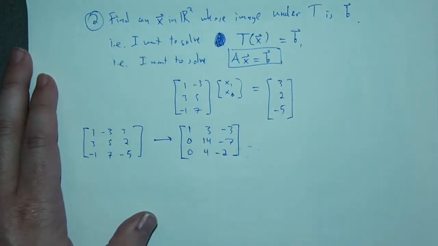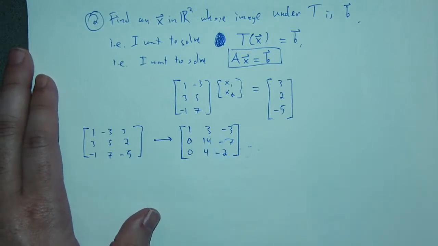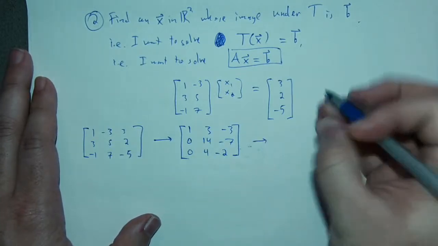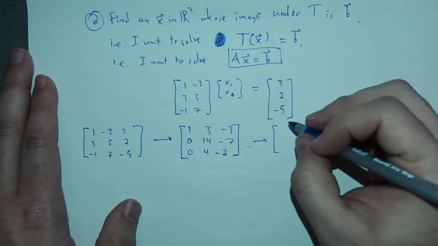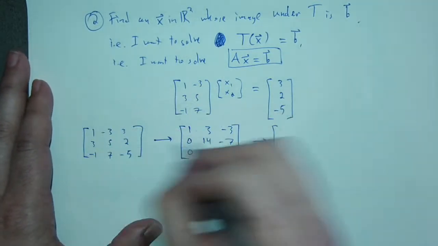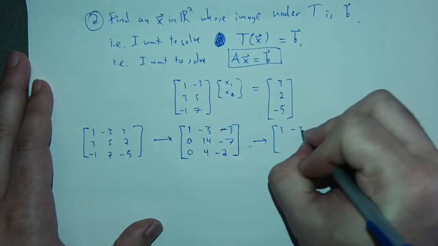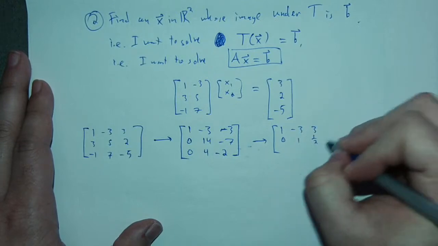Okay. All right. So now dividing by 14 in the second, and then using that to zero out what's below it, I get, there's a minus 3 here. I reversed these. That's fine. So this is 1, -3, 3, 0, 1, 1 half.